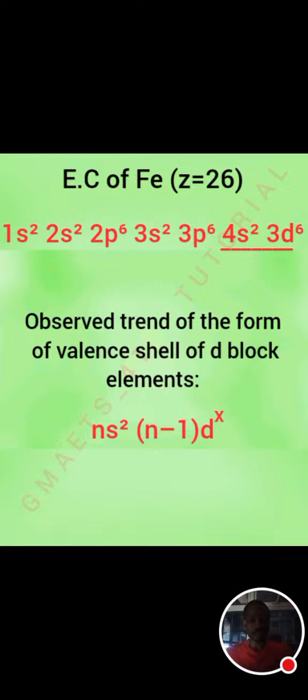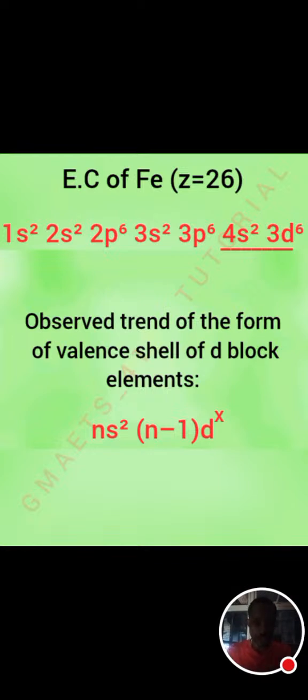You can see that. So if you want to get the outermost shell of a D block element, it follows this format: ns2 (n-1)d raised to any power, that is any number of electrons. That n there is the highest principal quantum number in the electronic configuration.